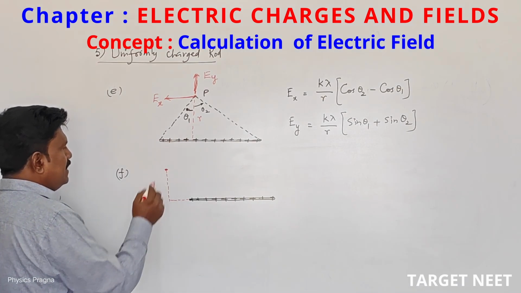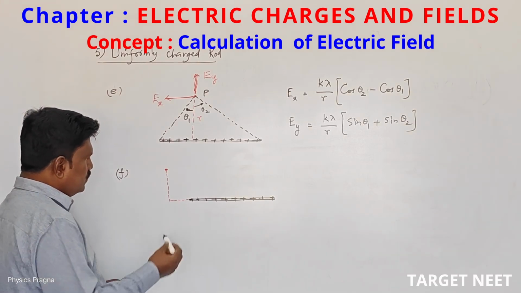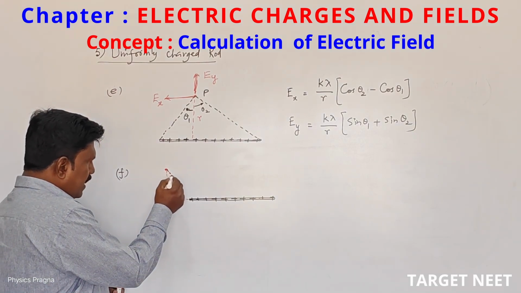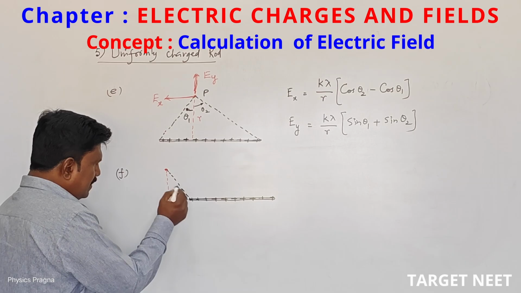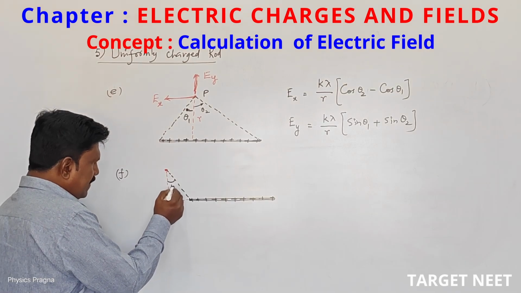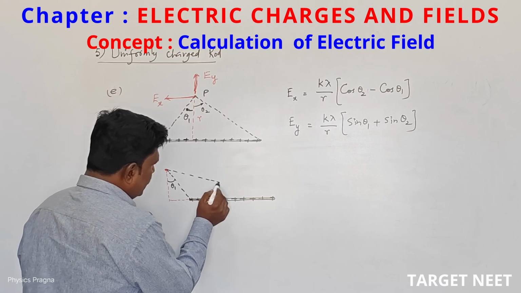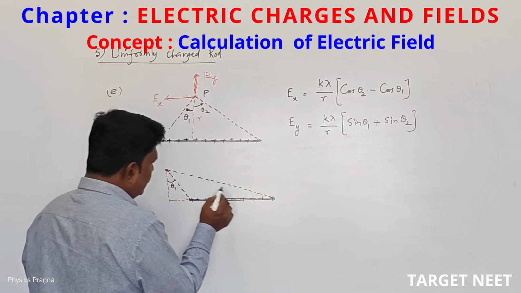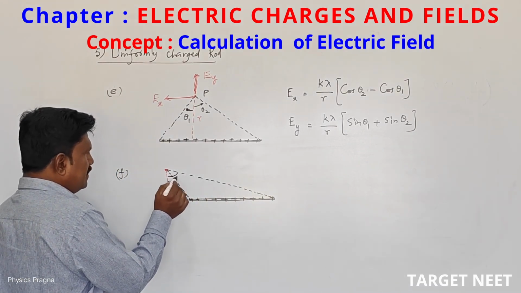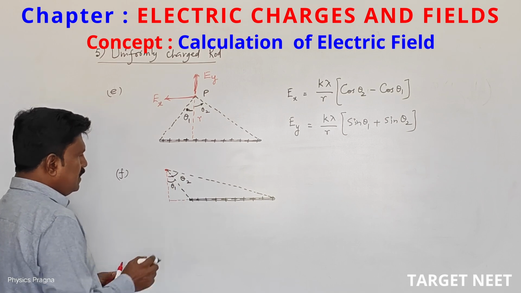Now we have to join this end. From this vertical it is making angle theta 1, and with this end it is making theta 2.